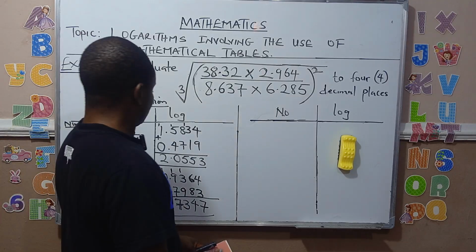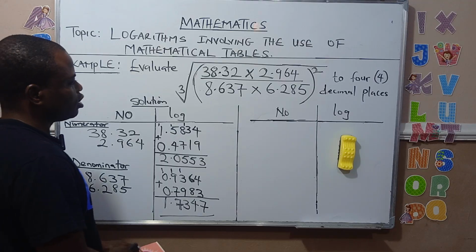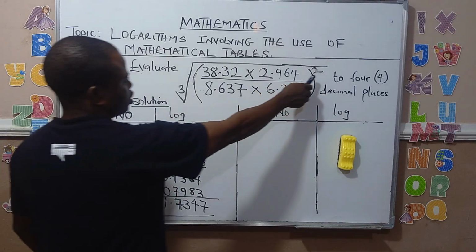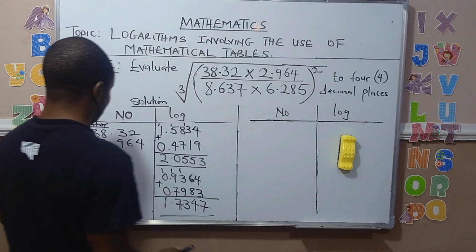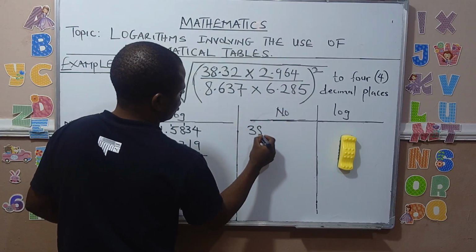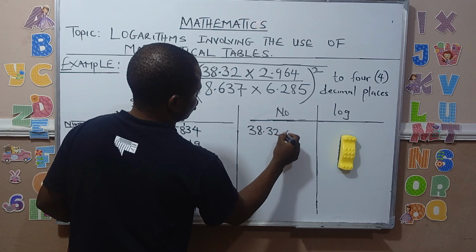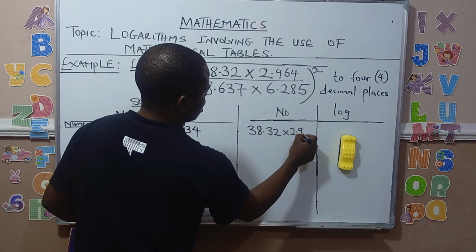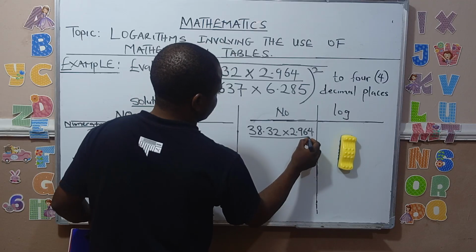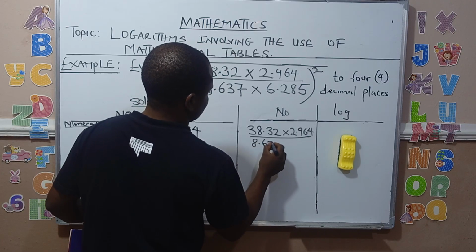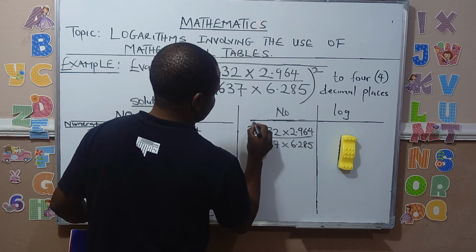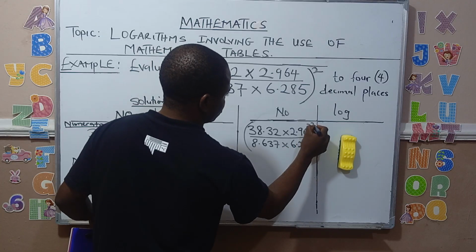Now, let's combine both the numerator and the denominator together so that you can now multiply this answer, after the subtraction, by 2 because it is squared. Now, 38.32 multiplied by 2.964, divided by 8.637 times 6.285, squared.